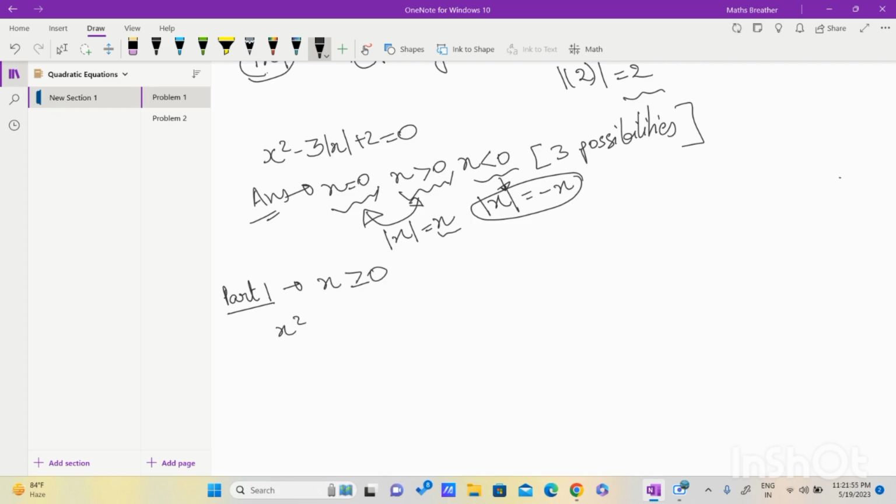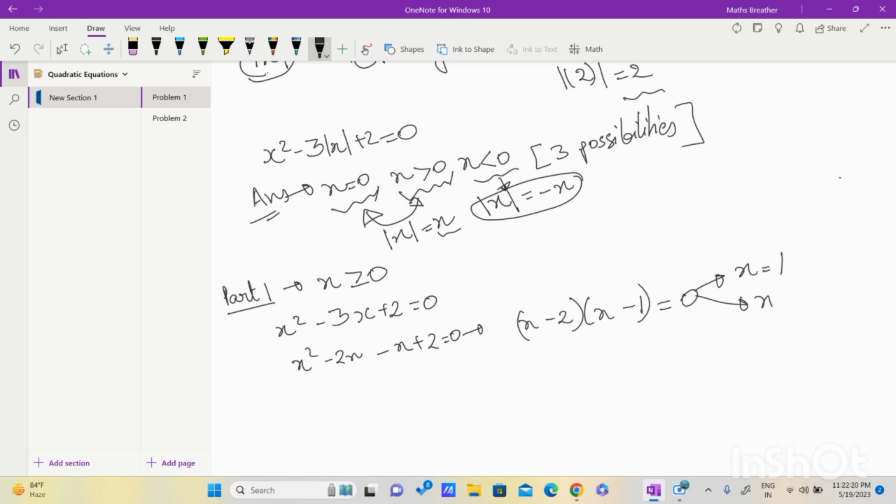So your equation will look like x square minus 3 mod x, which will remain as x itself, plus 2 equals 0. Here you will factorize the equation: x square minus 3x plus 2 equals 0. This will be factorized as (x minus 2)(x minus 1) equals 0. So x can either be 1 or 2.